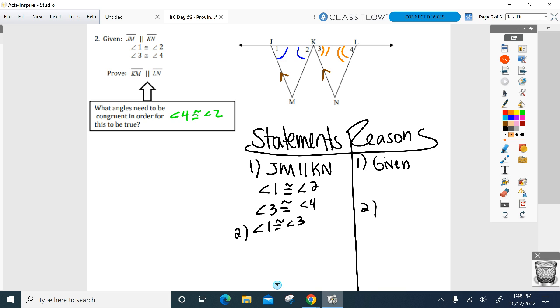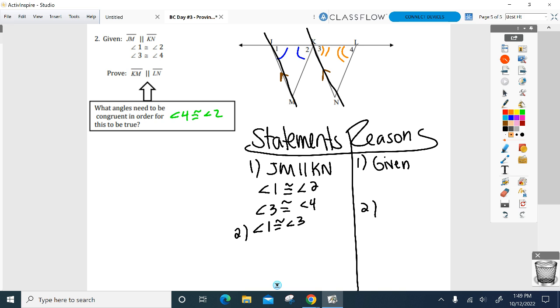Who's got it? What are they, Maddie? What are they again? 1 and 3 are what type of angles? I don't know. Okay, ready? Here are my parallel lines. Is 1 located inside or outside? Inside. Where's 3 located? Outside. So if 1's inside and 3's outside, I can't say exterior or interior.